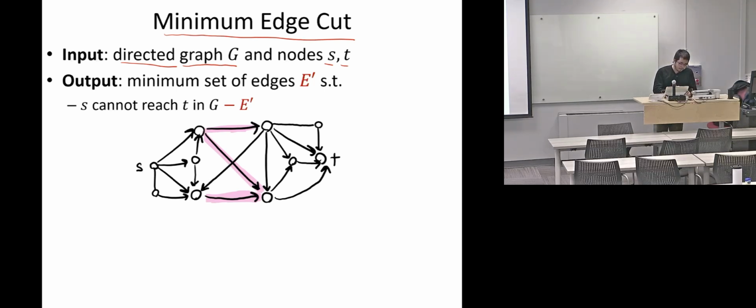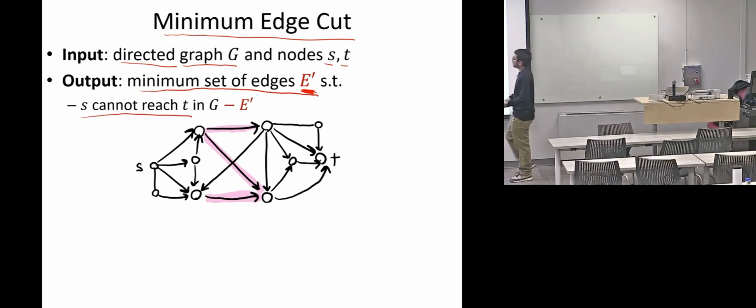I just ask: what is the minimum set of edges E prime such that once you delete E prime, S cannot reach T? For example, if I delete these 3 edges, then there is no path from S to T. How can you solve this problem once you know how to solve max flow and min cut? Suggestions?